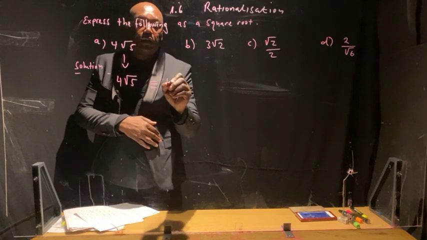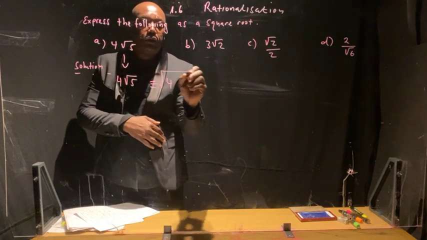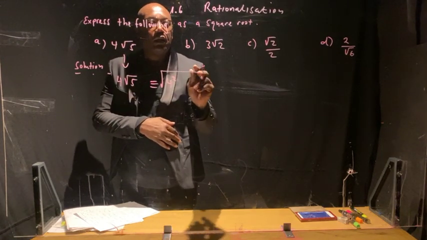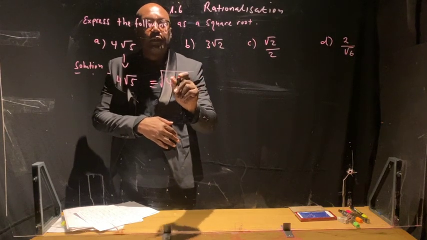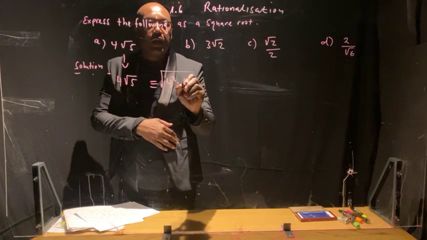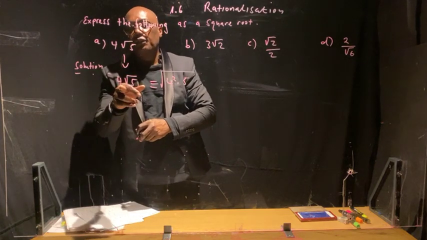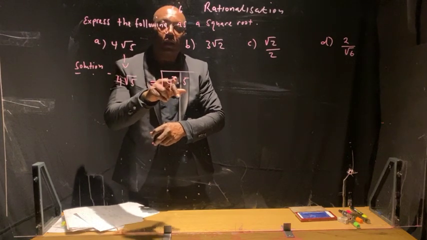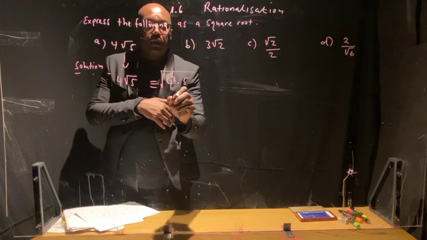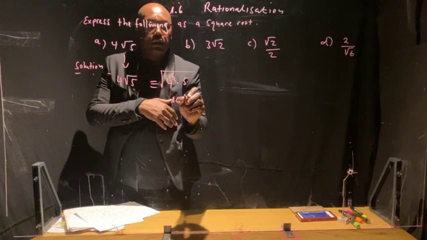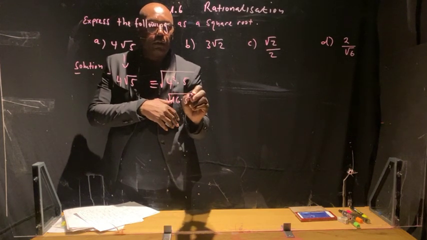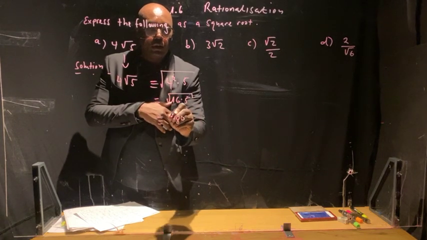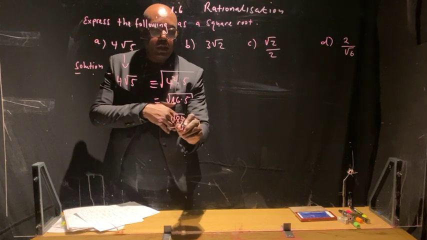It becomes the square root. As the 4 has been pushed inside, I square it, and then multiply by 5. If you push the 4, which is outside, into the square root, you have to square it. So it becomes 16 times 5. This is no different from root 80.